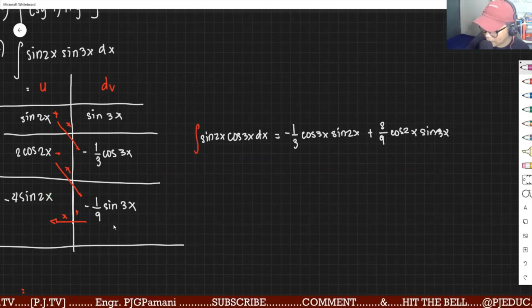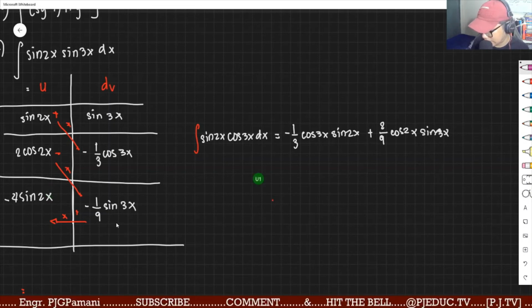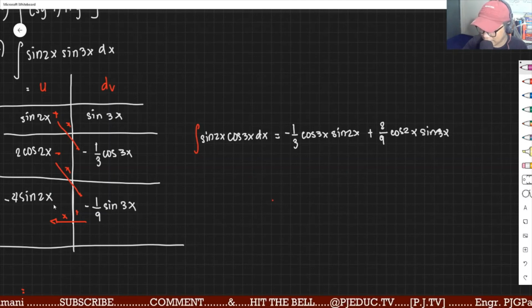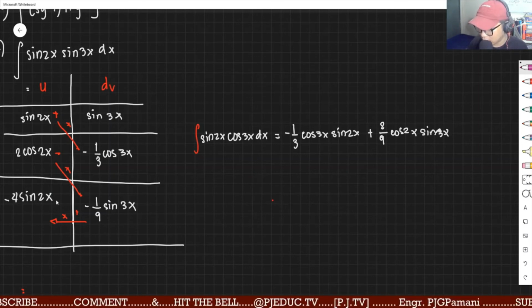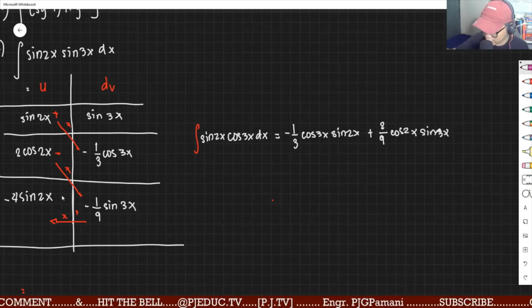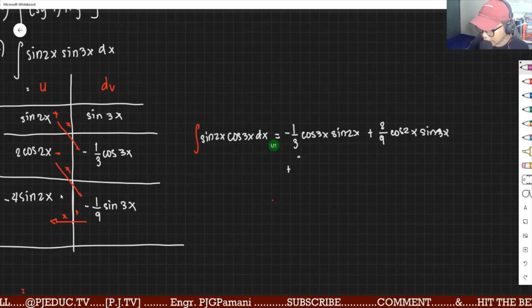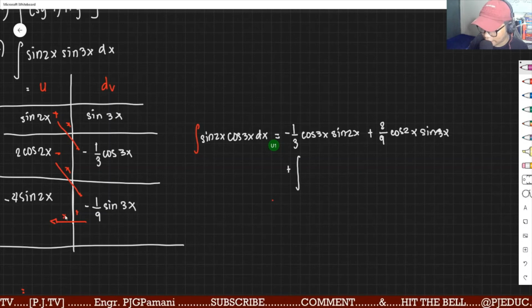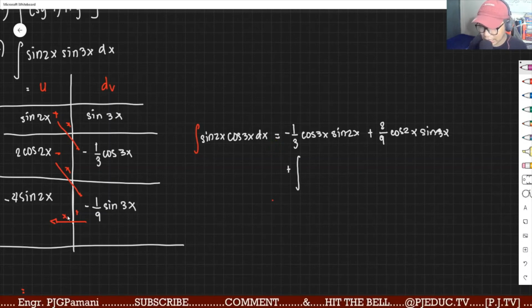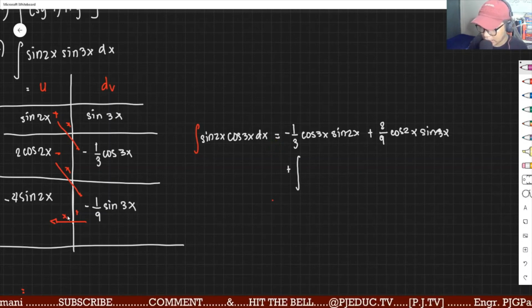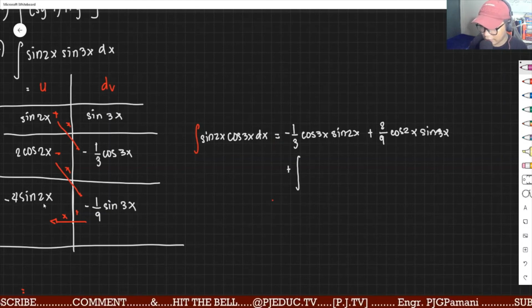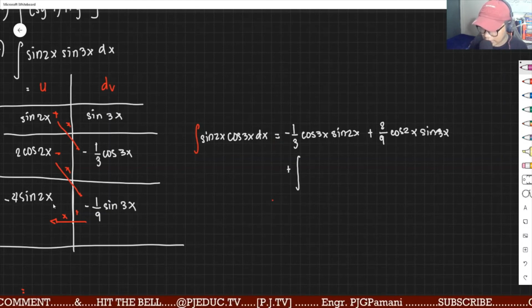So, plus now, kasi nga hindi pa tayo tapos dun sa table eh. Hindi siya nag-end sa 0. So, dapat we need to continually integrate pa rin. So, plus now, the integral of negative 1/9 sine 3x times negative 4 sine 2x. Ano yan?